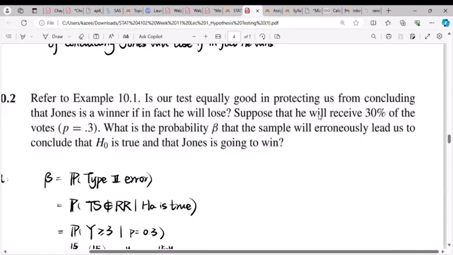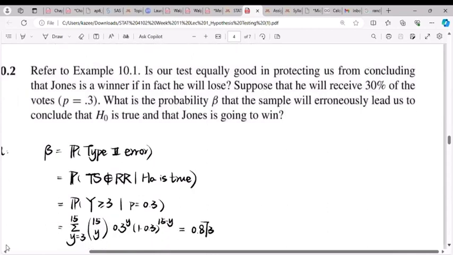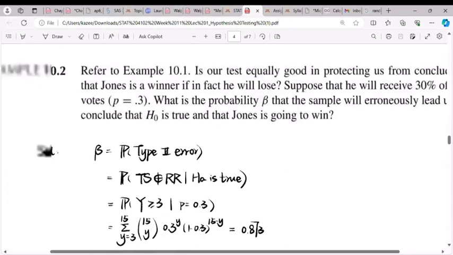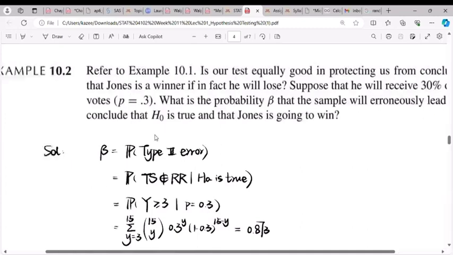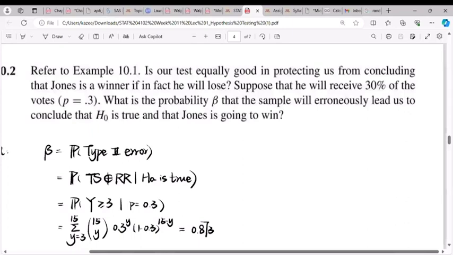Thank you so much for confirming that. Now I want to go to the next question, which is example 10.2. I've walked you through how to compute type 1 error, and in example 10.2 we still refer to problem 10.1. It asks, is our test equally good in protecting us from concluding that John is a winner if in fact he will lose?